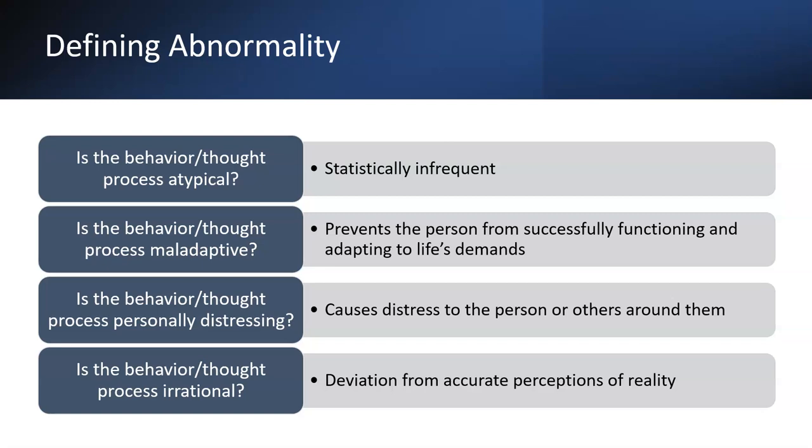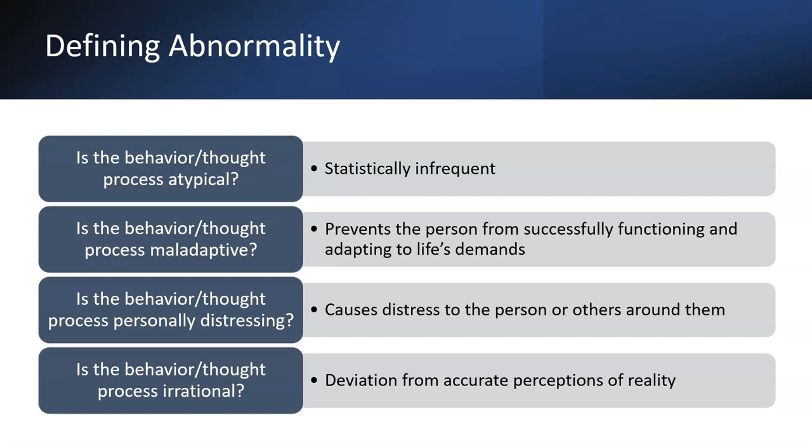And in some cases, for example, if a person has delusional beliefs that they are a being from another world, or that they are a messiah, or that they're being pursued by alien life forms from another planet, those are considered irrational thoughts. They are deviations clearly from reality. So there are lots of different ways to think about normality and abnormality.